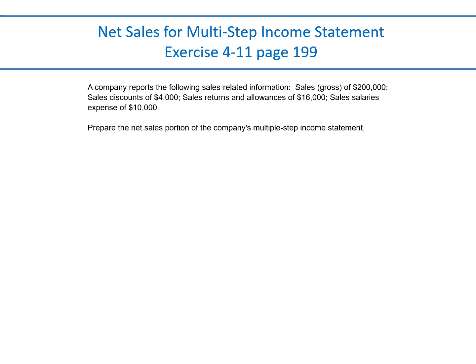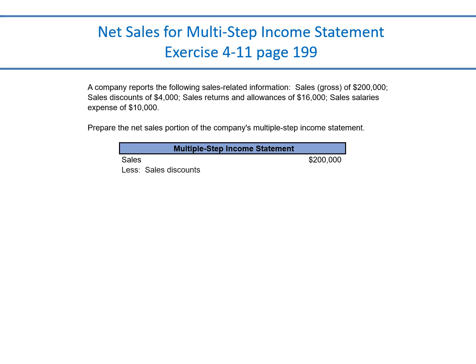If we prepare the net sales portion of the company's multi-step income statement, here's what it looks like. You start with your sales, your discounts and your returns and allowances are contra accounts, right? So less 20 is net sales of 180. Salaries doesn't apply to the income portion, that's why it's excluded.